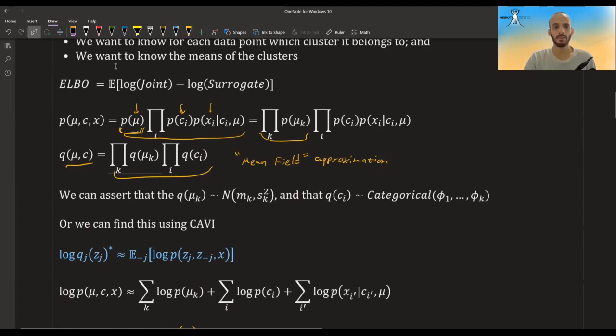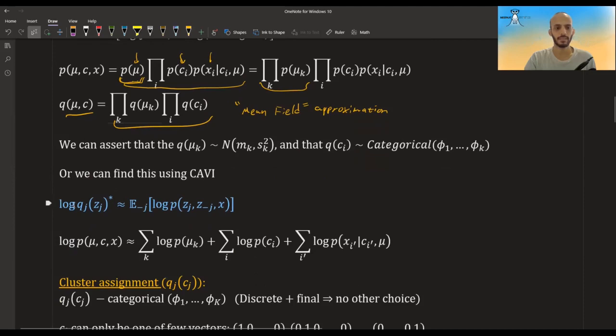Okay, so how do we maximize the ELBO? Well, assuming the mean field approximation, we can use the CAVI algorithm. And we saw in the previous videos that the CAVI algorithm has basically this formula where each component of the surrogate should be proportional to the exponent of this quantity, or that the log of this should be, up to a normalizing constant, equal to this thing.